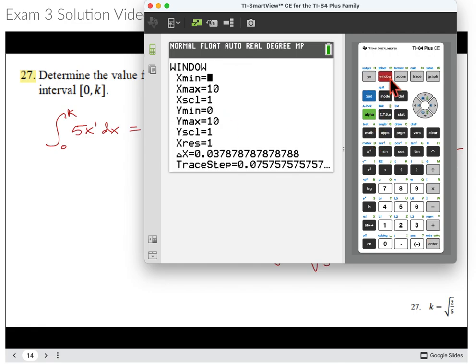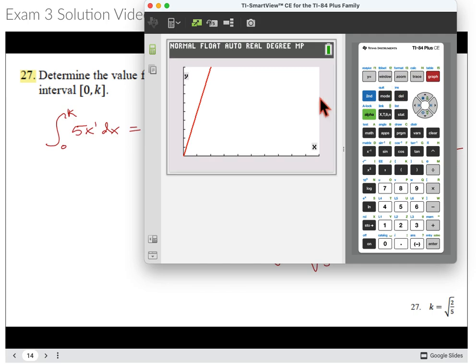So again, I try to think of what my window is. Go to the window. 0 to 10, I think that's probably big enough. Got a big wind come through, but we're okay.